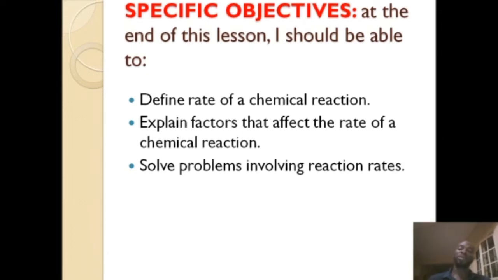And when I talk about speed, I'm talking about how fast or how slow an event occurs. If dad is driving his car, there is a speed at which he drives his car. And this speed is what we call what?